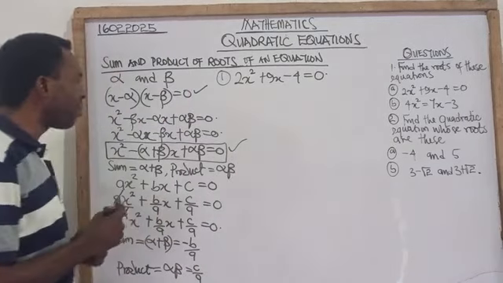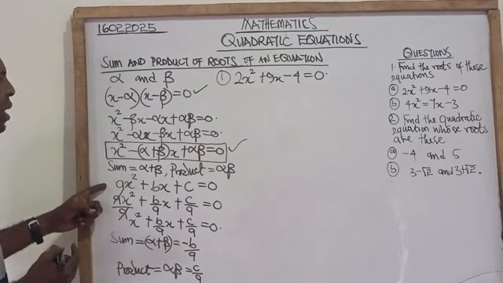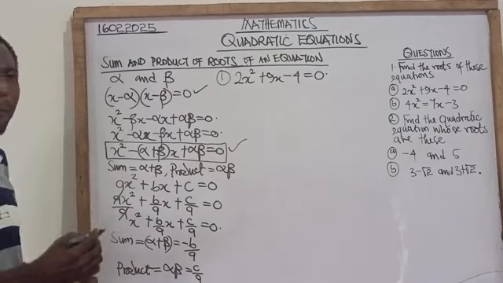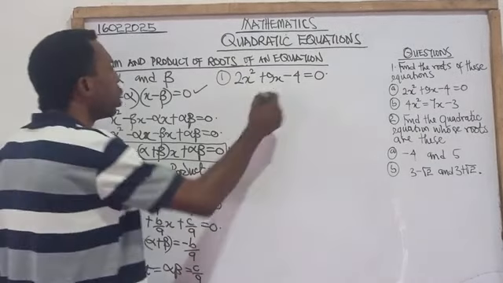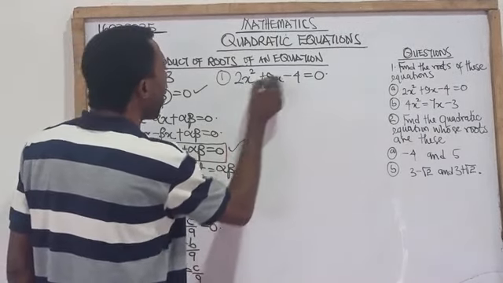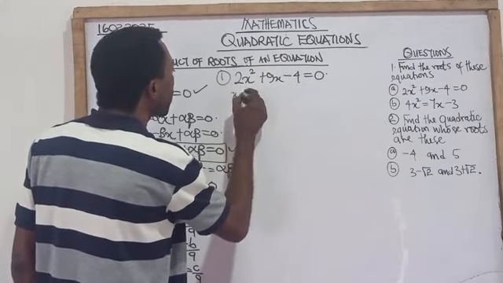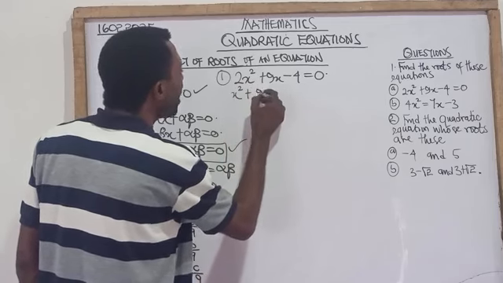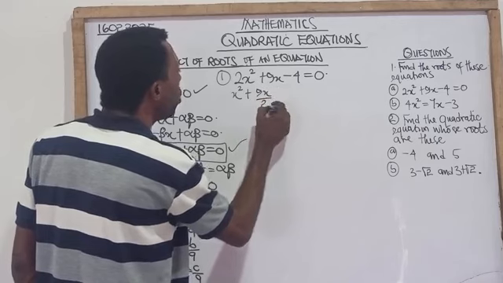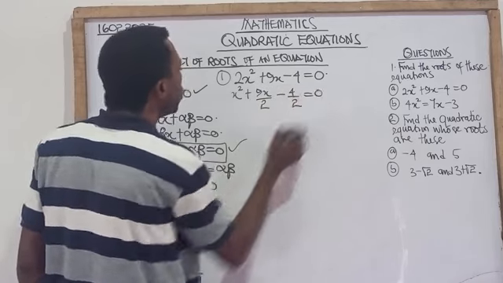This is a quadratic equation. How do we go? By getting the sum and the product of the equation. Dividing through, x squared will now be plus 9x over 2 minus 4 over 2 equals 0.